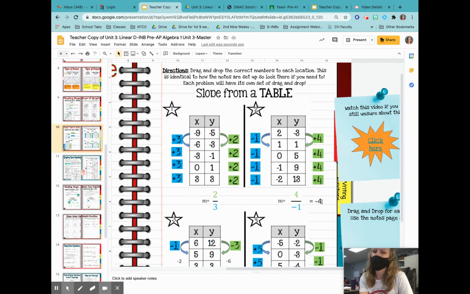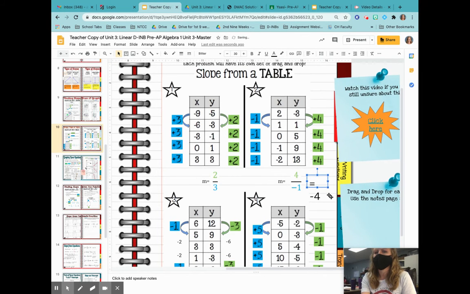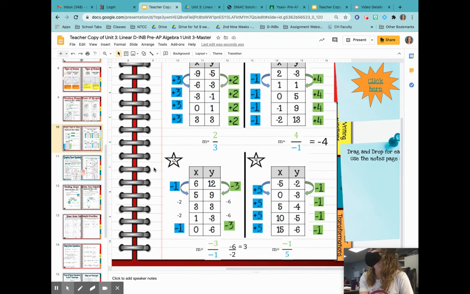And I want you to write equals -4 on there. Because we need a final answer, and over a -1 is not our final answer. We want it as a whole number, if we can get it as a whole number or as a fraction that's simplified.